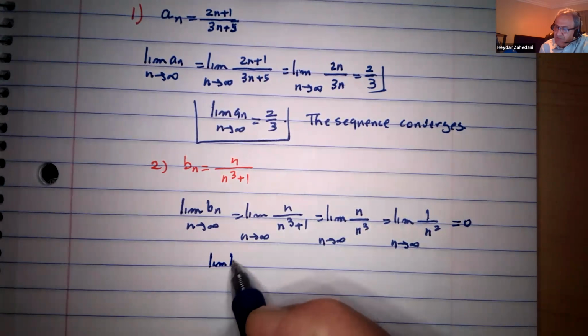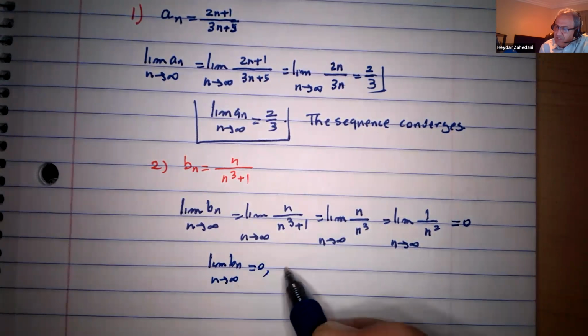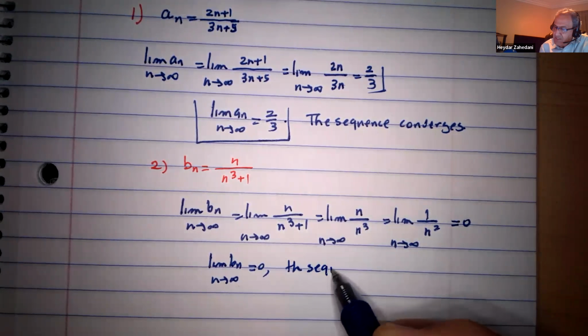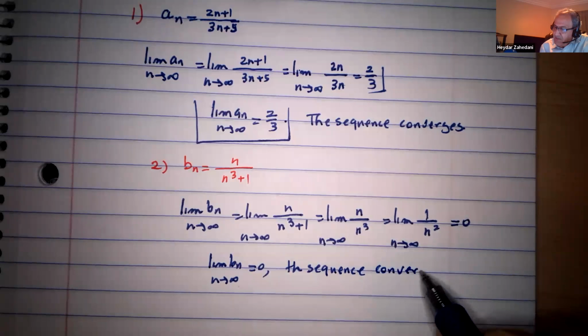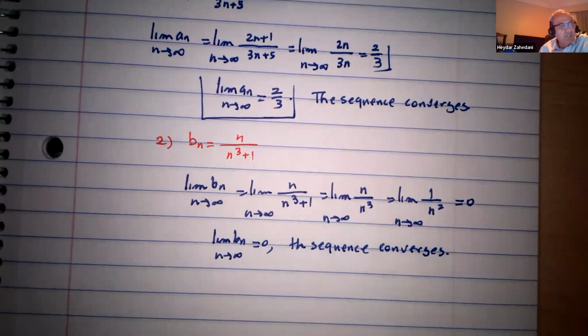So the limit of b_n as n goes to infinity is equal to 0, and the sequence converges. I like to repeat this: if they ask for the limit, you're done, you find the limit. But just know that when it converges, this limit does exist.